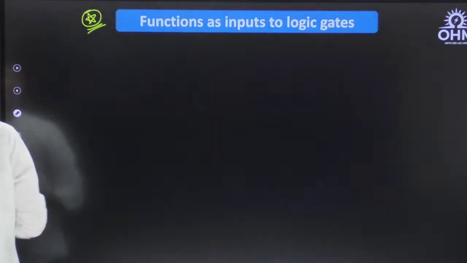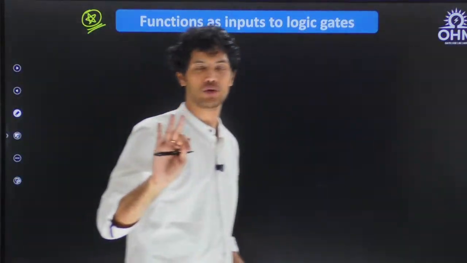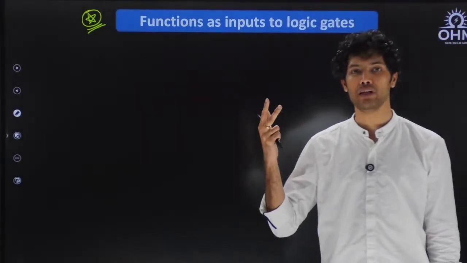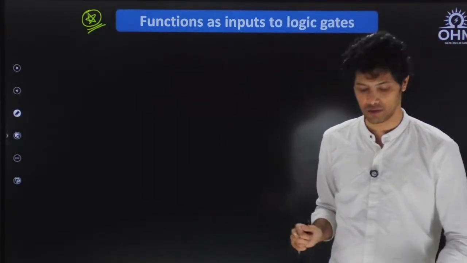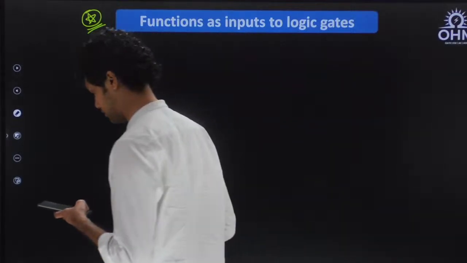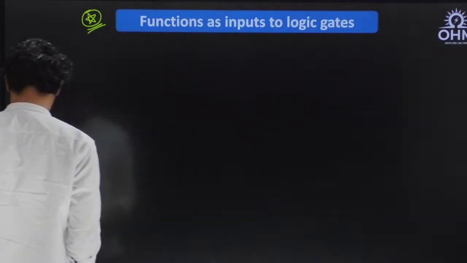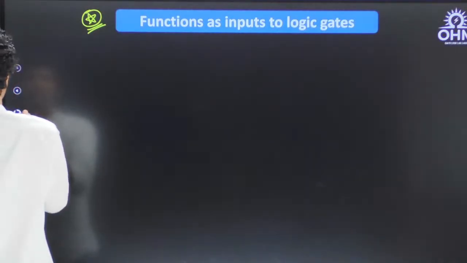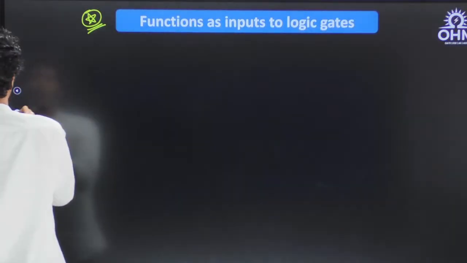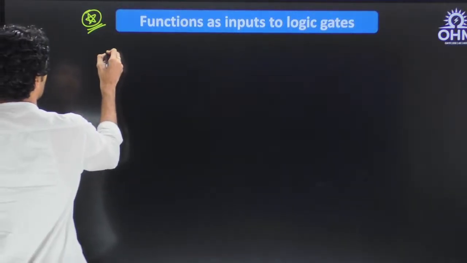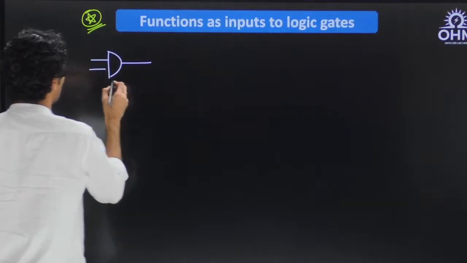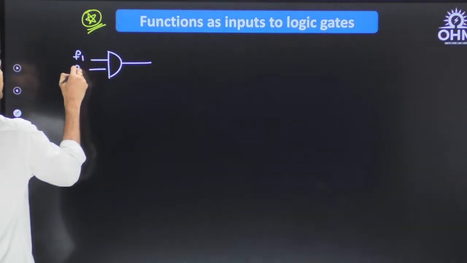We will discuss 3 scenarios here. One is the AND gate, one more is the OR gate, and lastly we have the XOR gate. In the first case, I'm taking the AND gate. The inputs are F1 as well as F2.